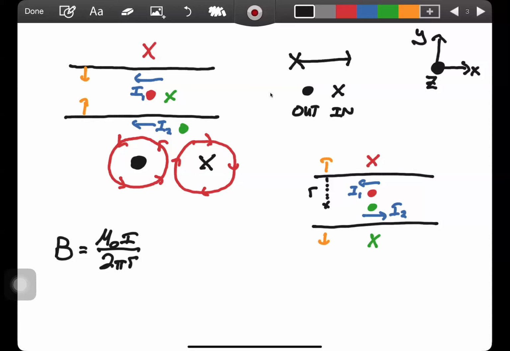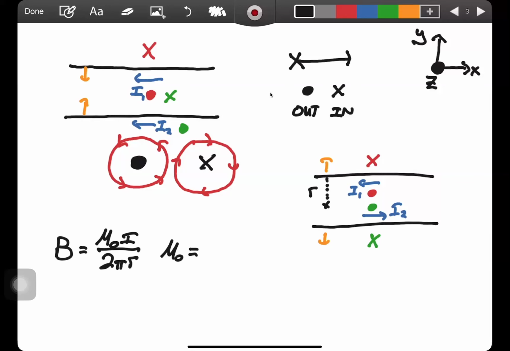And so mu naught is going to be what is sometimes called the permeability of free space, which is the extent to which a magnetic field is able to propagate in a vacuum. So you could probably imagine that for different materials, this value is going to be different. But when you see the mu naught, it means for a vacuum.